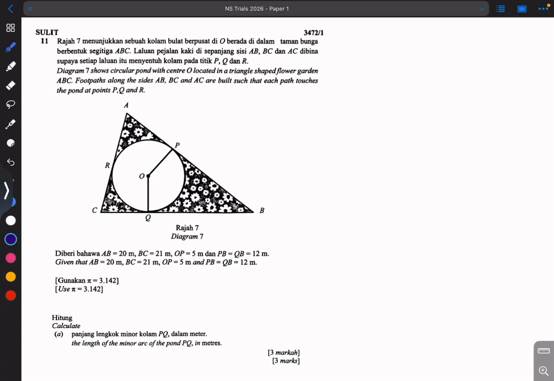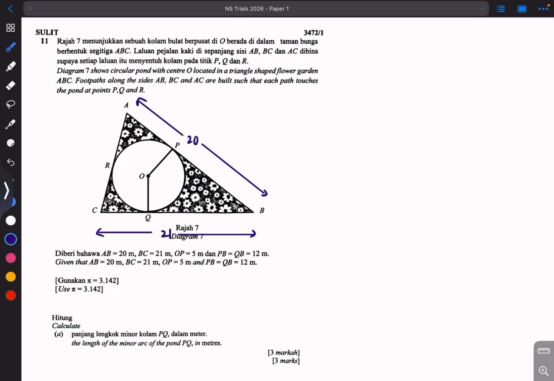Question 11. Diagram 7 shows a circular pond with center O located in a triangle shaped flower garden. Given that AB is 20, so here to here is 20 meters. BC is 21, so from here to here is 21.